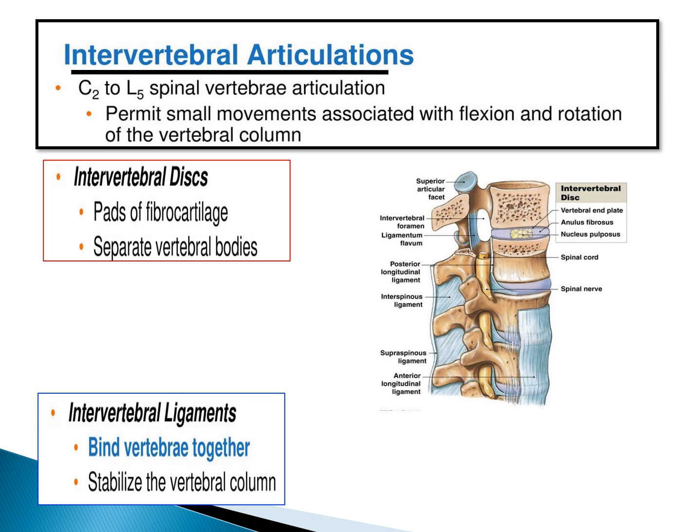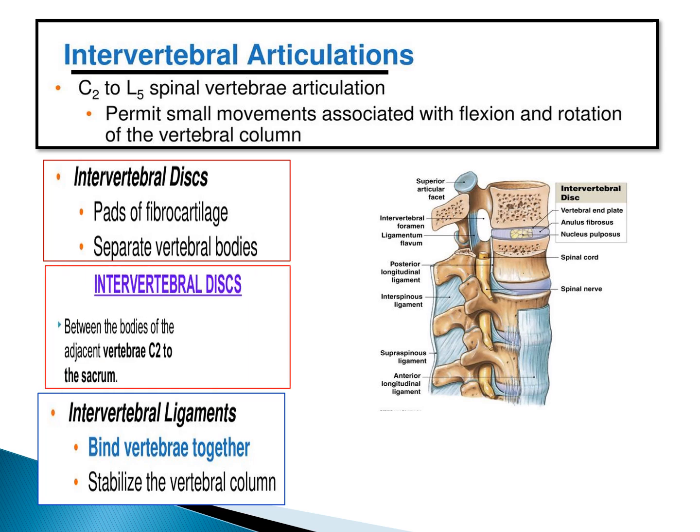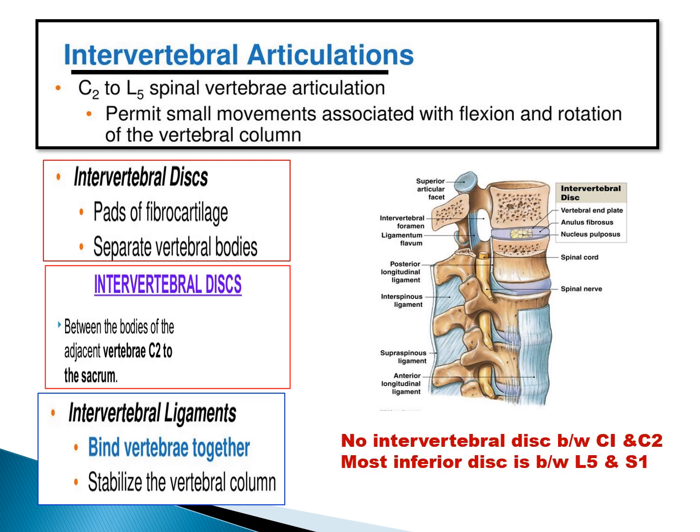Intervertebral ligaments bind the vertebrae together and stabilize the vertebral column. An intervertebral disc is present only between the adjacent vertebrae, that is from C2, the second cervical vertebra, to the sacral vertebra. No intervertebral disc between C1 and C2. The most inferior intervertebral disc is between L5 and S1.